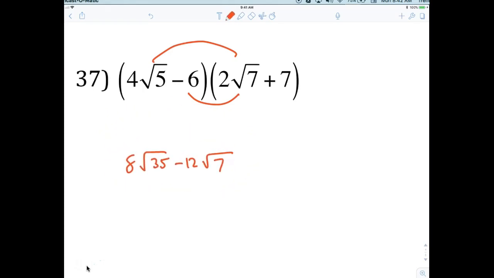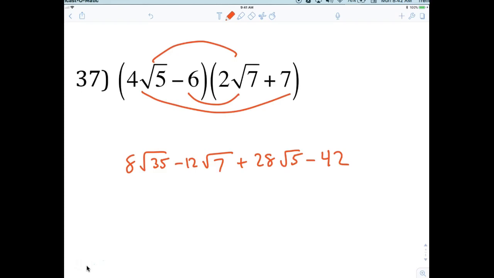And then your other smiley face would be plus 28 radical 5. And then what? Minus 42. Perfect. Is there anything I can do with those 4 terms? Nothing. They're all different. All right. Nothing to it.